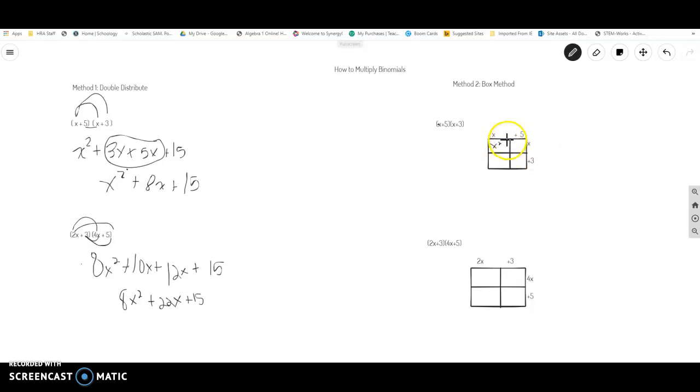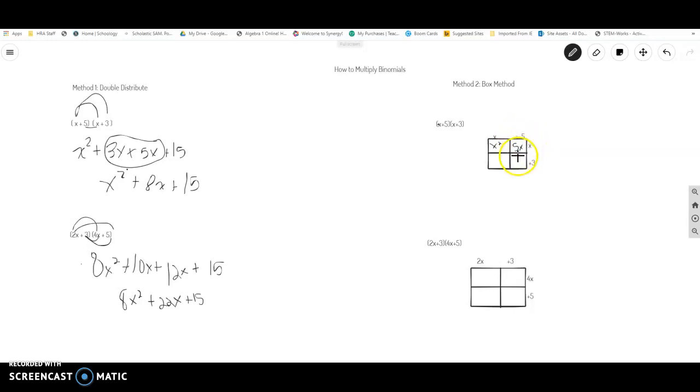Then we're going to do 5 times x. That gives me a 5x. Now see, this is the box that intersects where the 5 and the x are.